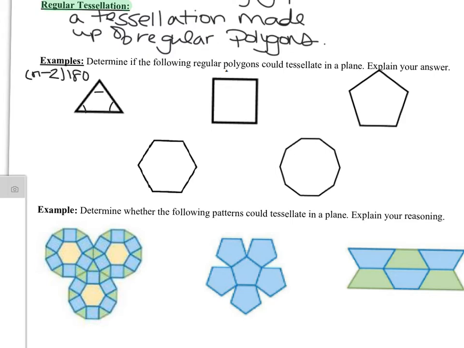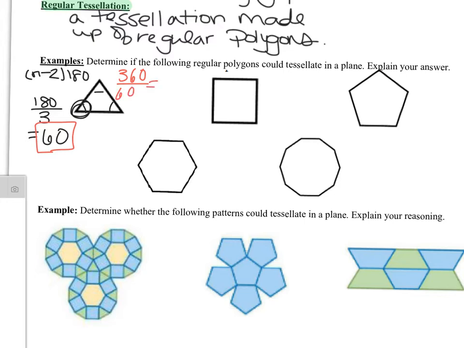In a triangle, you know all your angles add up to 180. So how do I find what one angle equals? We divide by 3. 180 divided by 3 is 60. Now that I have this interior angle, I need to show that it is a factor of 360. So I'm just going to do 360 divided by 60.